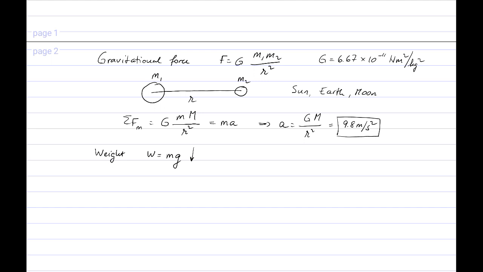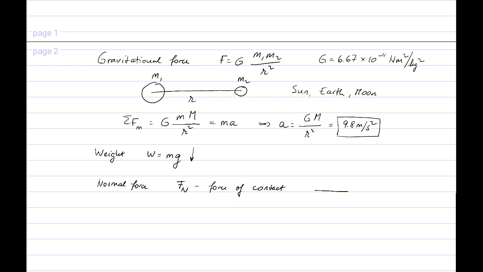Another force is the normal force. There are various symbols for the normal force. I will use F sub n. And the normal force is a force of contact, so it only comes up when two objects are in contact with one another.